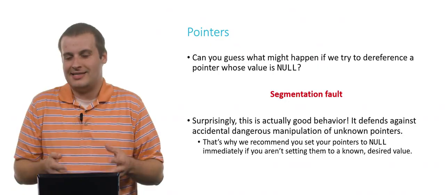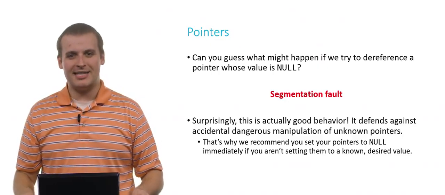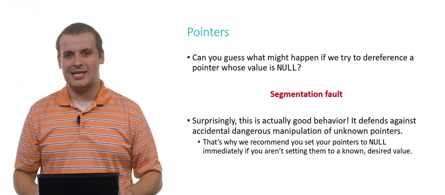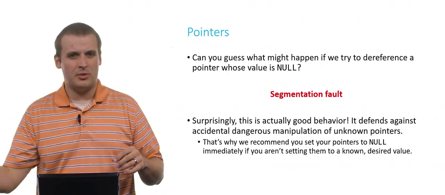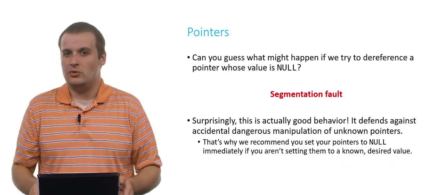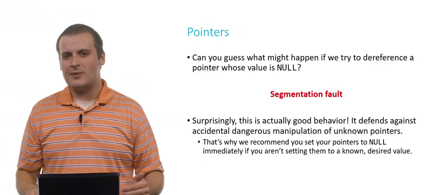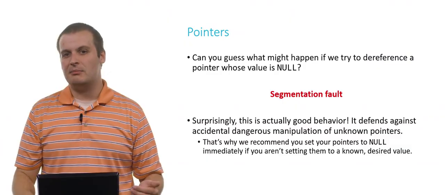What if you tried to dereference some address where there were already bytes and information in there that's now in your pointer? If you try and dereference that pointer, you might be messing with some memory that you didn't intend to mess with at all. And in fact, you could do something really devastating like break another program or break another function or do something malicious that you didn't intend to do at all. And so that's why it's actually a good idea to set your pointers to null if you don't set them to something meaningful.